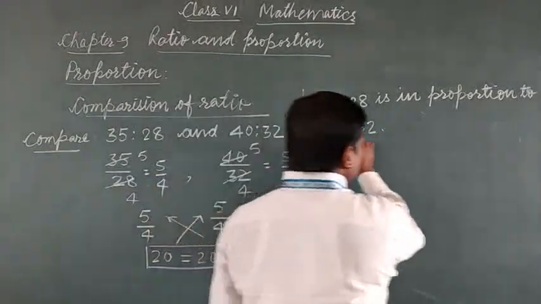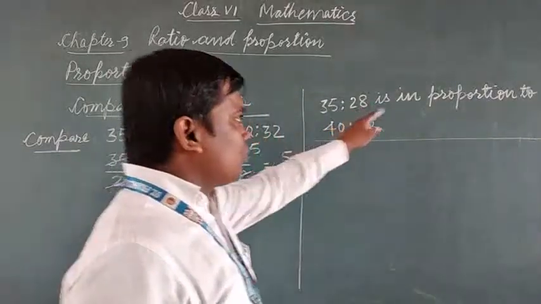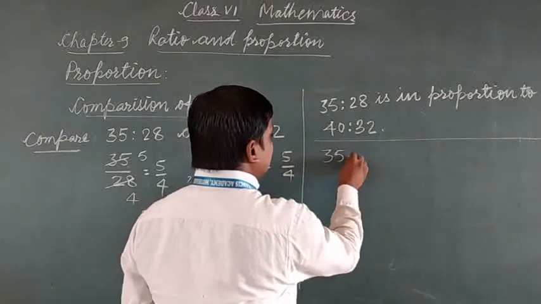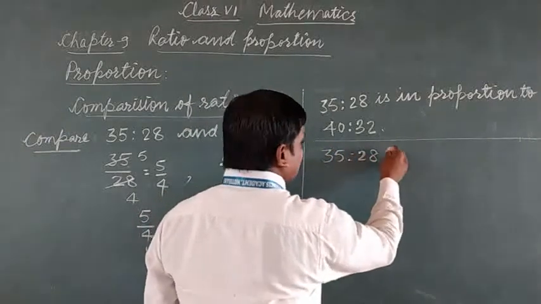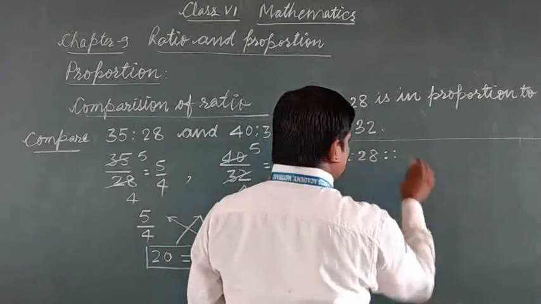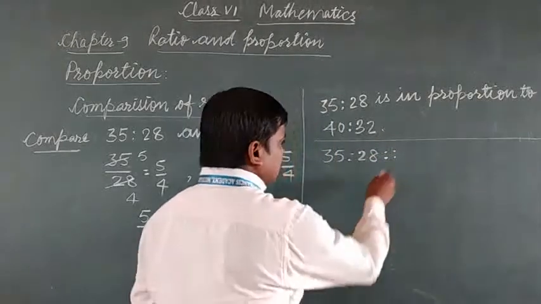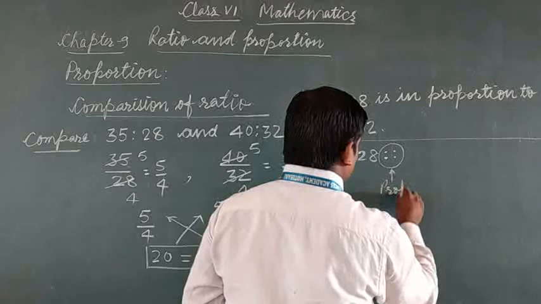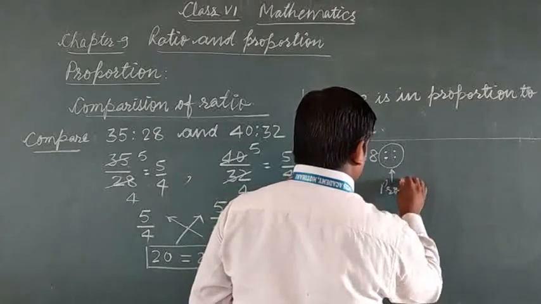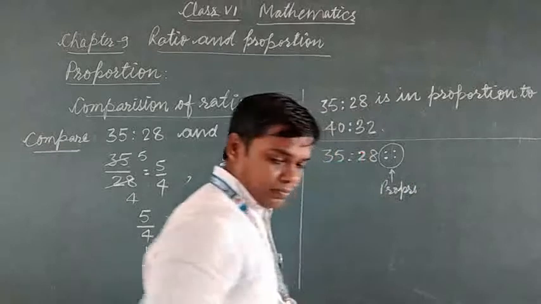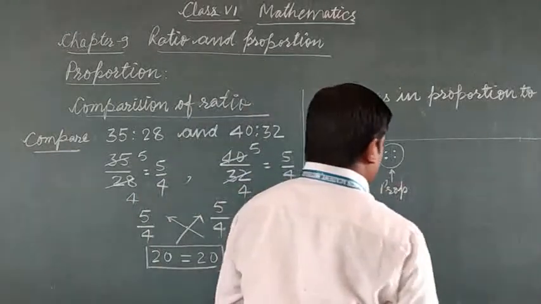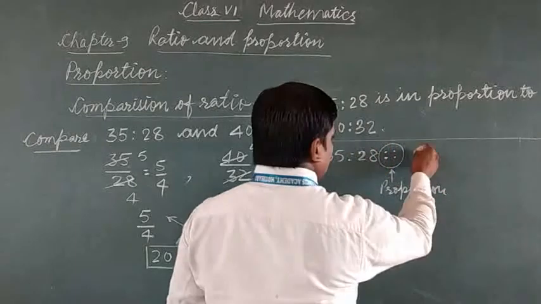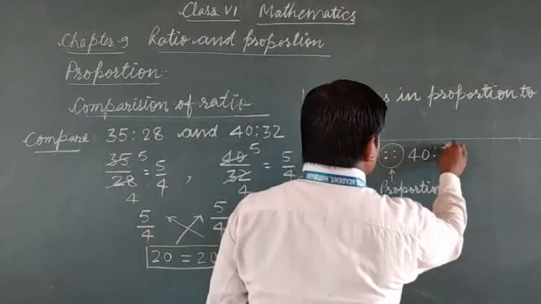In general form, we can write like this also: 35 is to 28, these four dots, meaning two colons, are read as proportion, 40 is to 32.